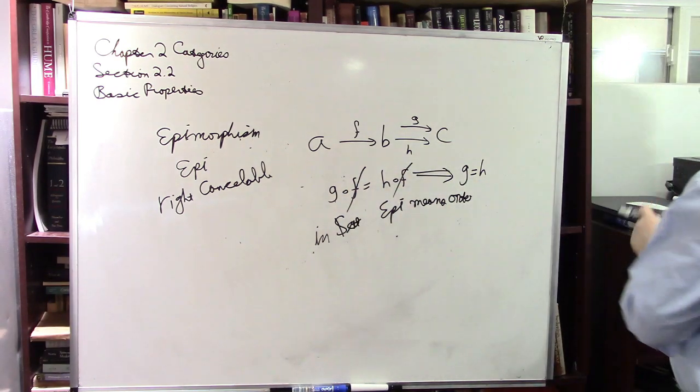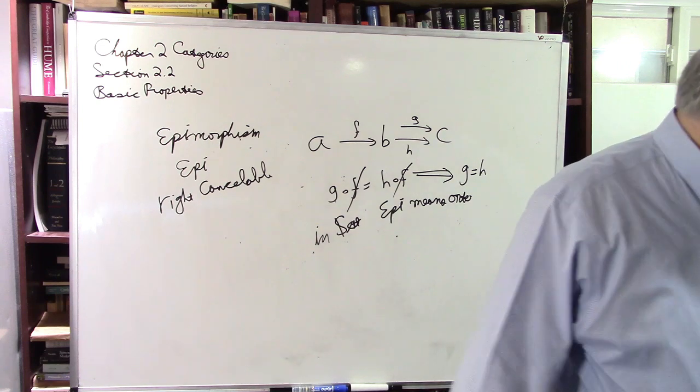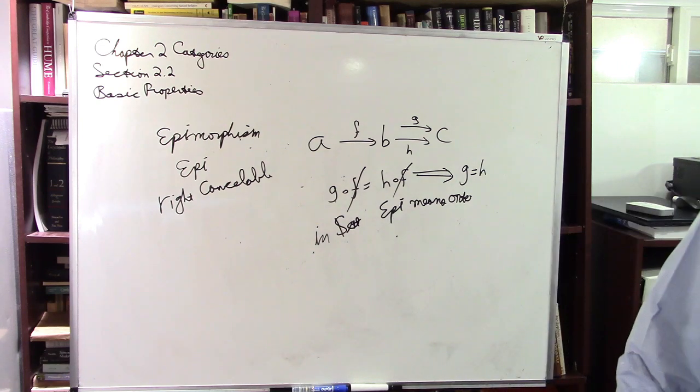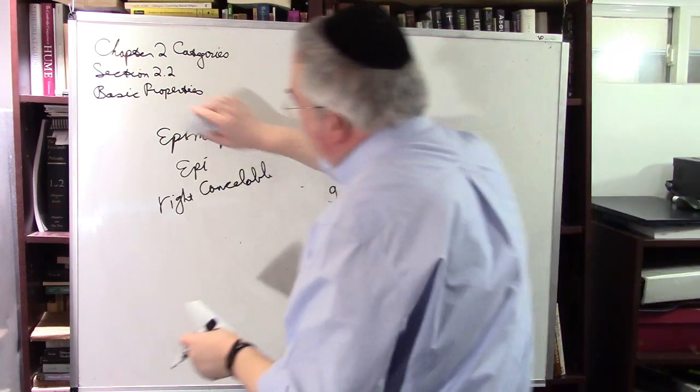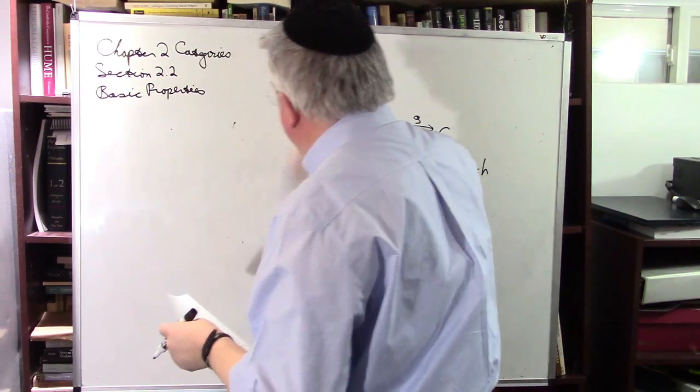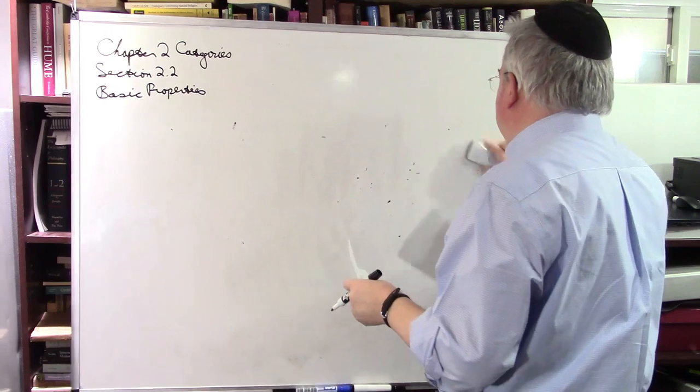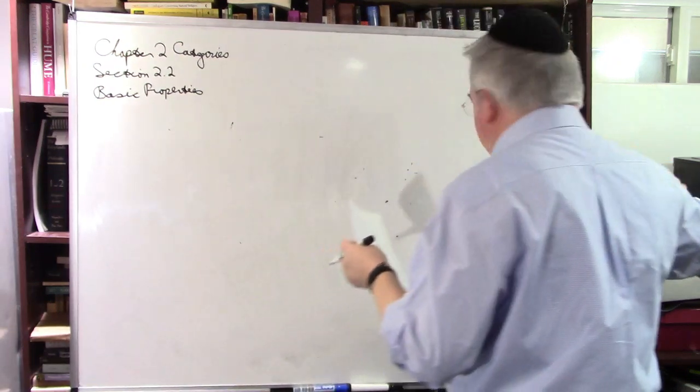Okay, so great. So now we have two types of morphisms. We got monomorphisms, we got epimorphisms. Okay, great. And now we have a third type called as follows.